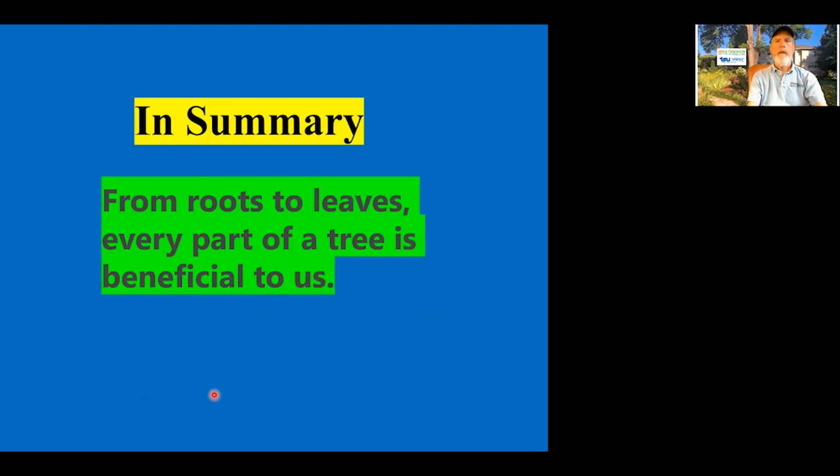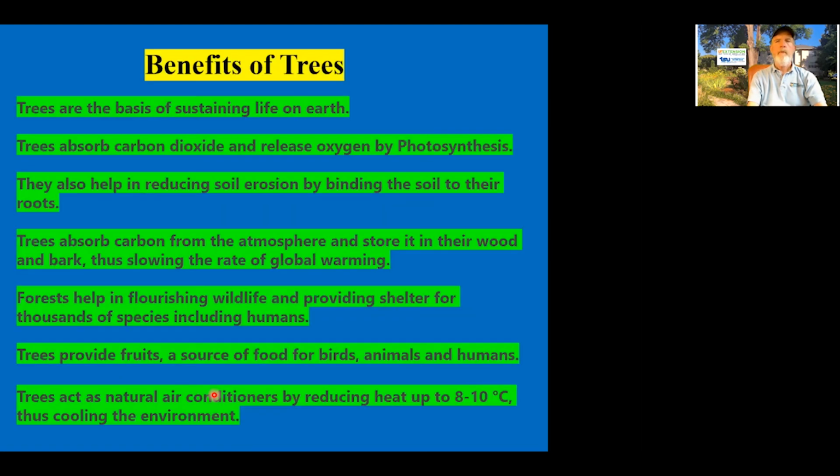In summary, I want to say that from roots to leaves, every part of the tree is beneficial to us. Some of the benefits of trees I went over in another slide, but they're the basis of sustaining life on Earth. They absorb carbon dioxide and release oxygen by photosynthesis. They reduce soil erosion. They bind the soil with their roots.